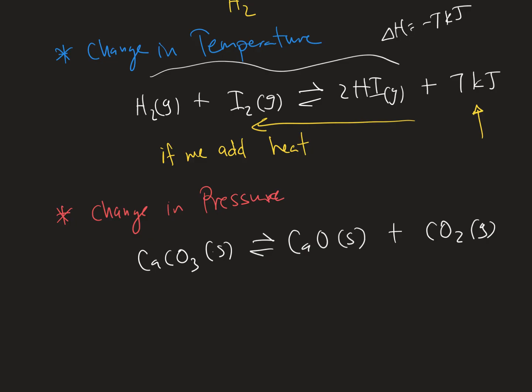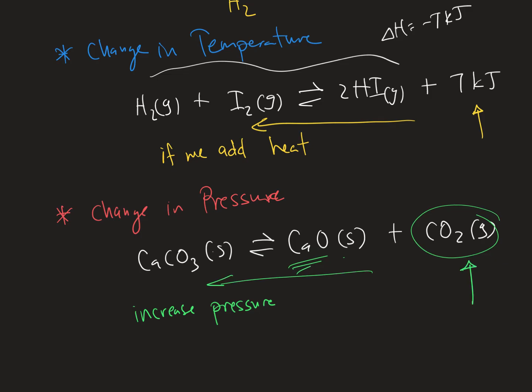If we increase the pressure of our system, okay, what does that do? It makes these guys move more quickly, right? More collisions with who? Calcium oxide. So it's going to push it this way. It's kind of like adding more carbon dioxide.